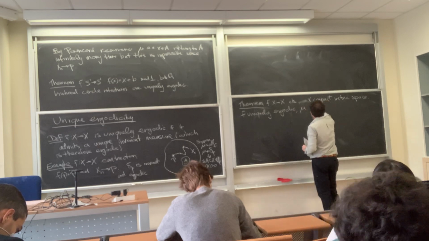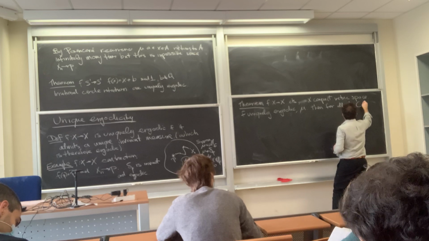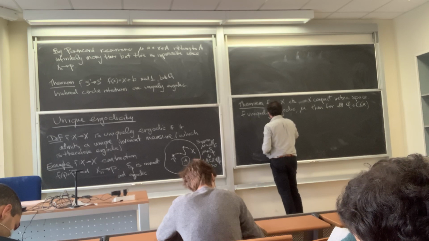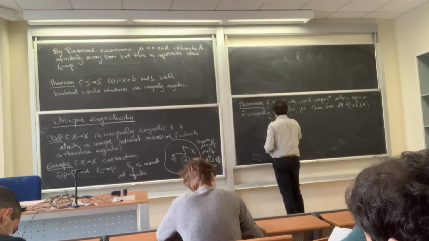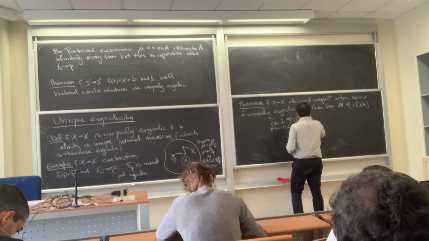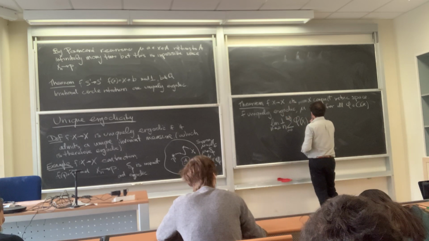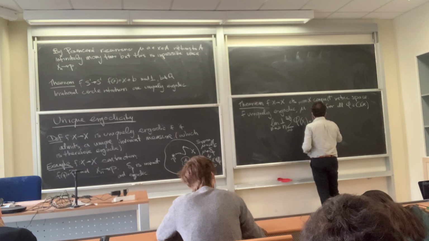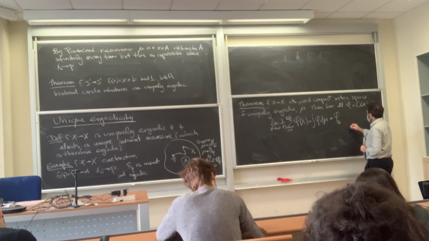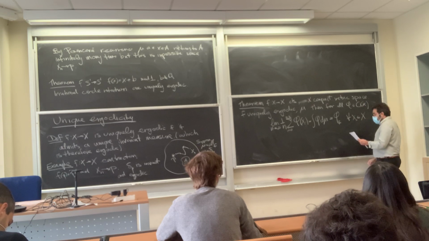Then for all continuous functions phi on X, we have that the limit of the averages of the sum of phi at x_i is equal to the integral of phi d mu, for all x0 in X.